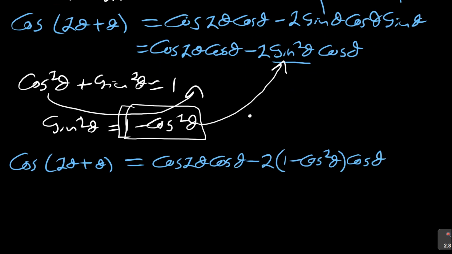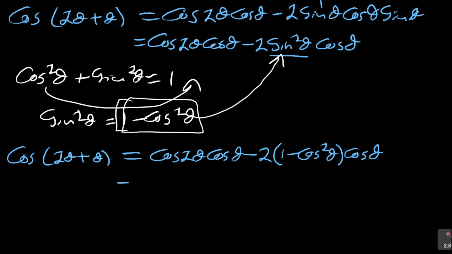Then you can open up that bracket, but look, everything now is in terms of cos. It's up to you if you want to open up that bracket, but I will do that. Now look at this. You can even further simplify this cos 2 theta.